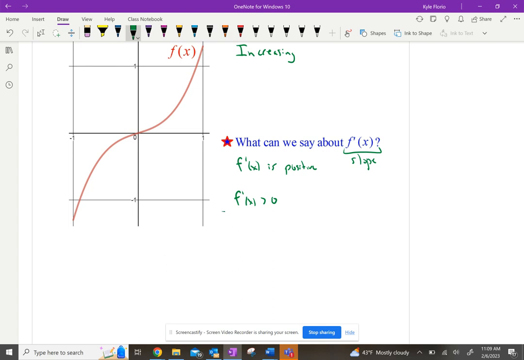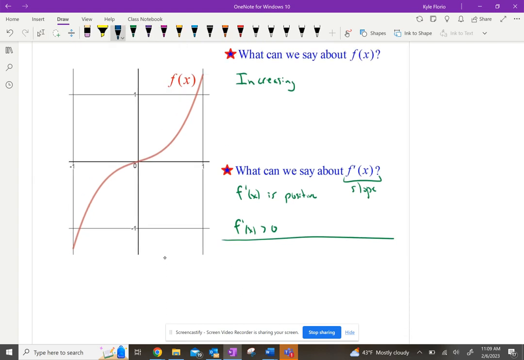But one thing that's going on here is the slope here is a little bit different than how the slope's behaving here. Here, from, let's say, -1 to 0, the function's increasing, but the slope is getting less and less steep, which means the slope's getting smaller and smaller.